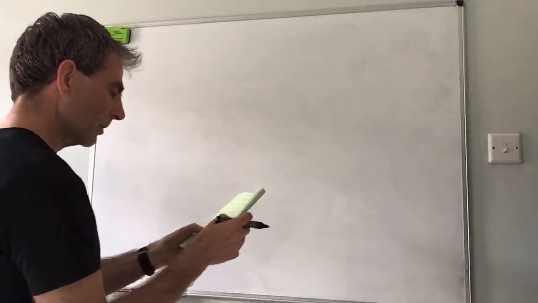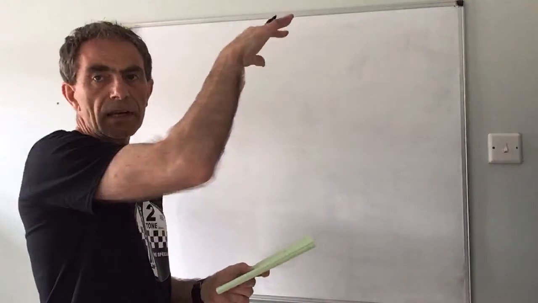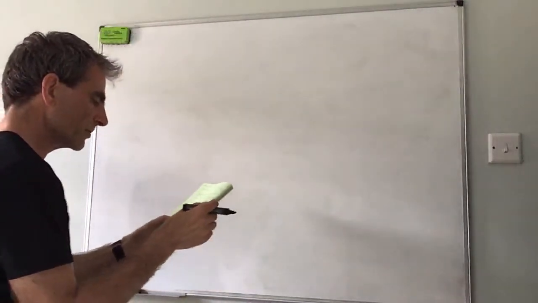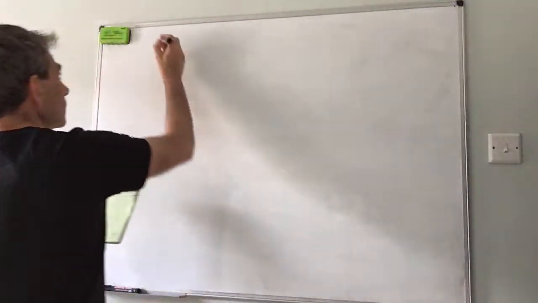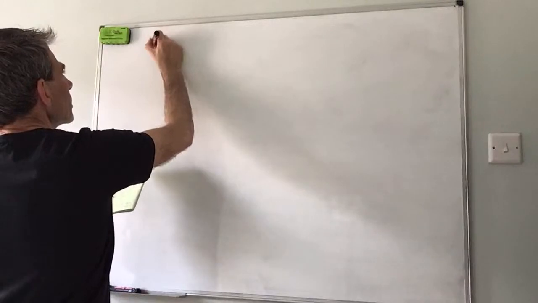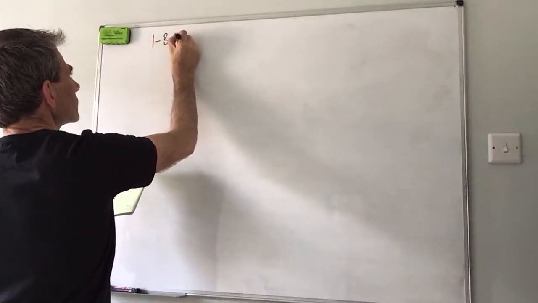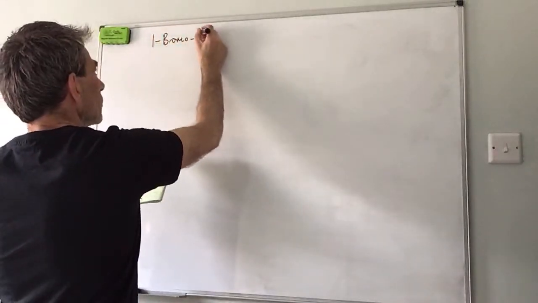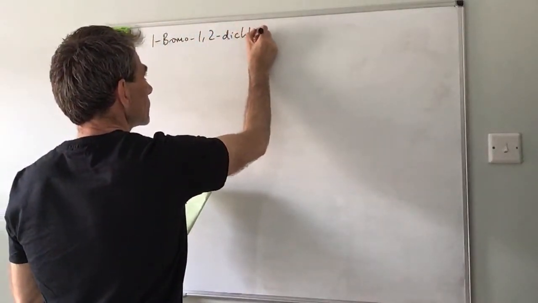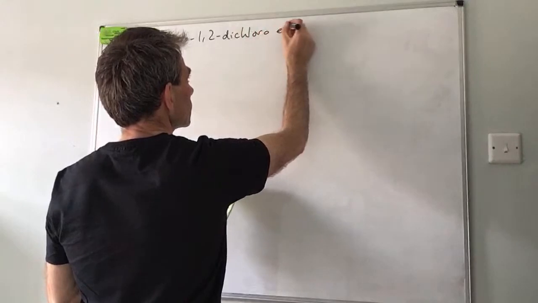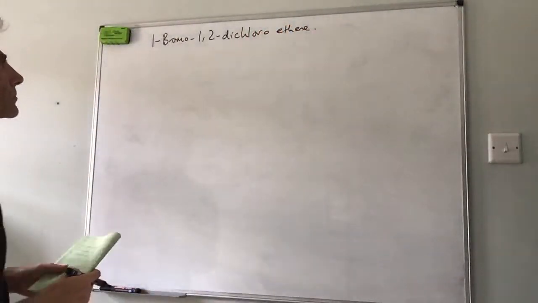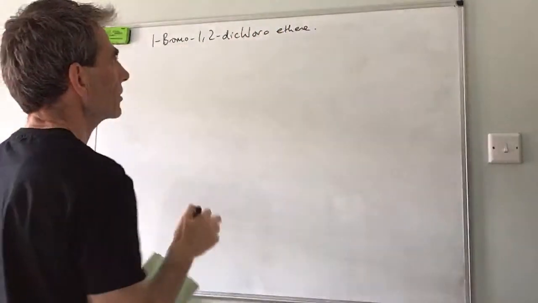Right, I'm going to go up a bit in difficulty, or hopefully not too much. But let's see what you make of this. So we'll talk about this sort of haloalkene, 1-bromo-1,2-dichloroethene.